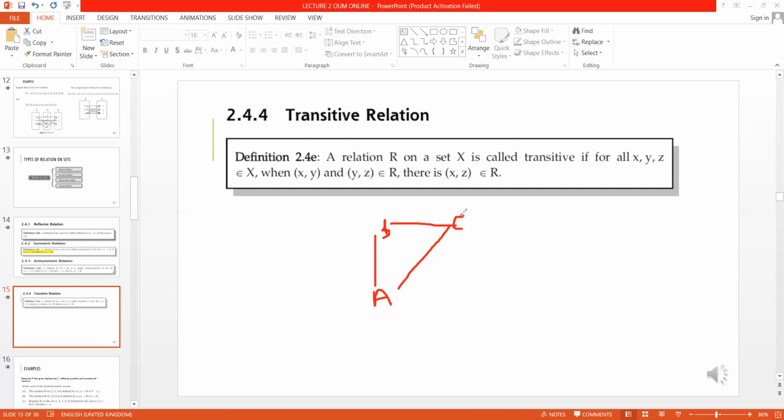So we've achieved our motion, okay? But what we are saying is all these 3 relations should exist to have what we call transition.